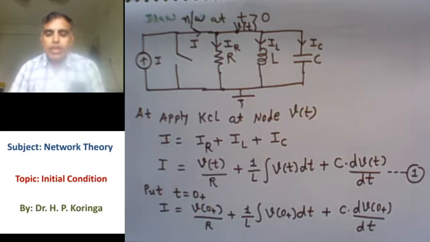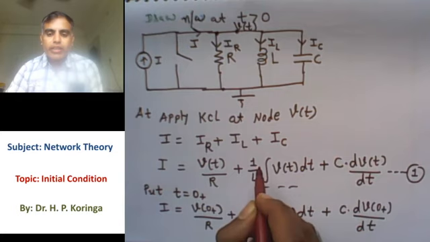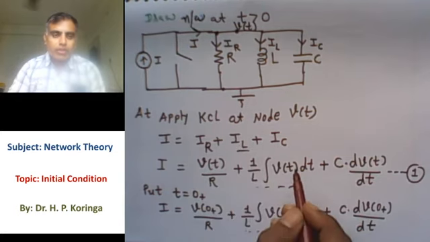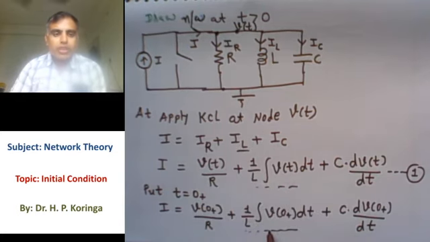Right? Now what does this middle term indicate? This middle term indicates the current passing through the inductor at t equal to 0 plus time.